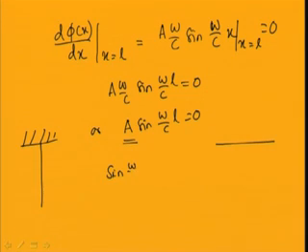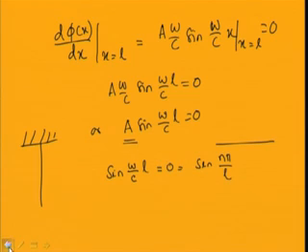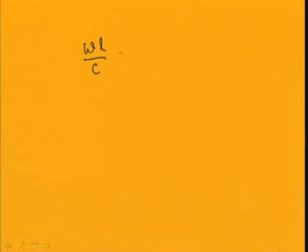As a will not be equal to 0, I can write sin(omega by c L) equal to 0, equal to sin(n pi), so omega L by c equal to n pi, or you can write omega equal to n pi by L into c.